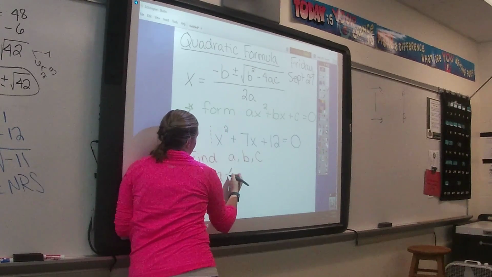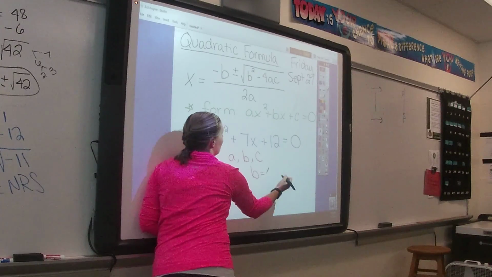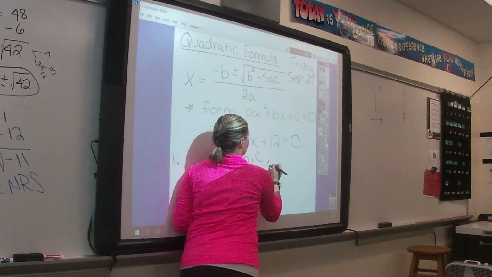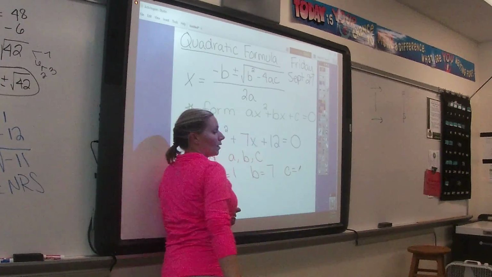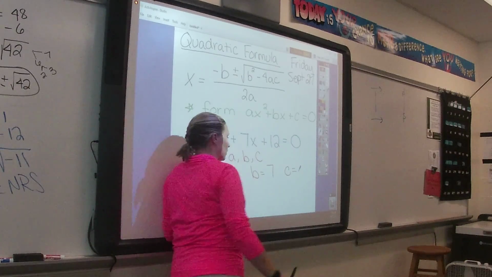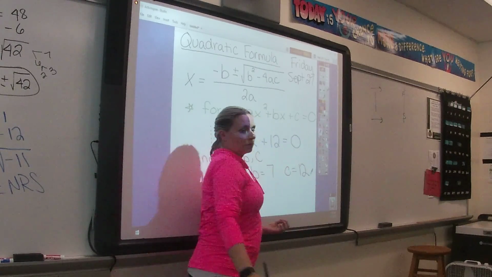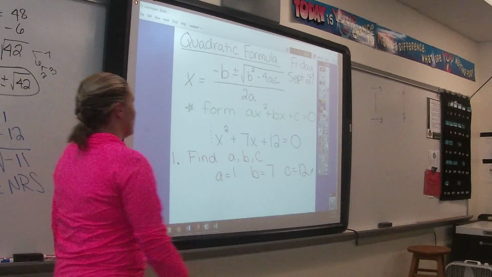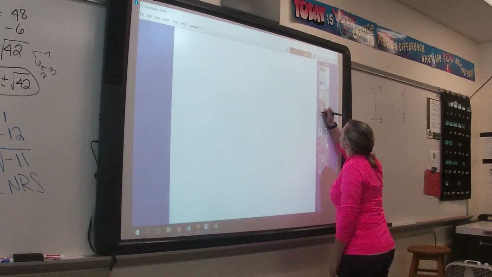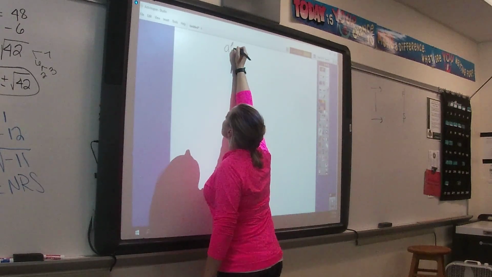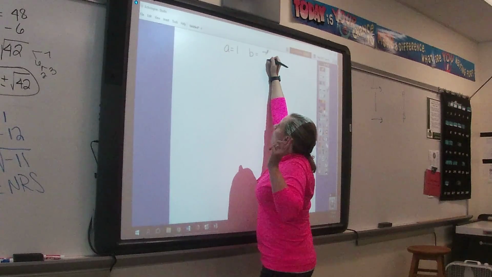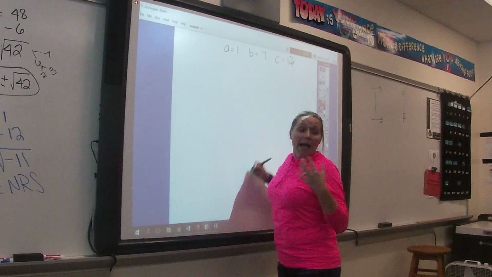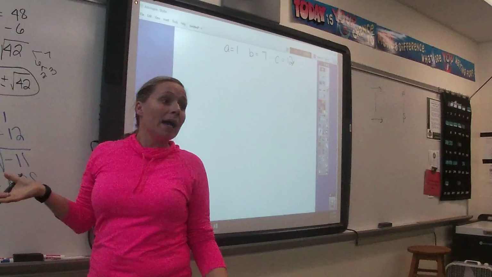What does b equal? 7. And c equals 12. Are we okay with that statement? Sure. A is 1, b is 7, c is 12. Is 0 y? Yeah, it's the same. If it was written as y equals that, it would be the same idea.